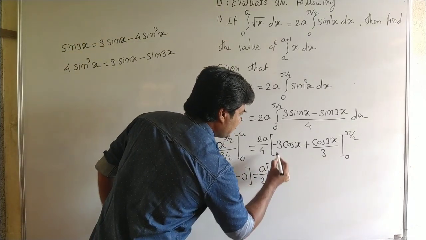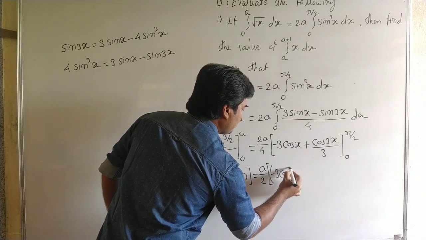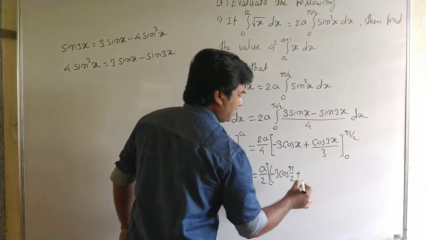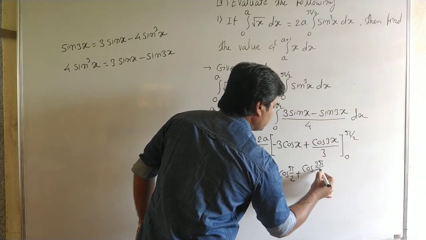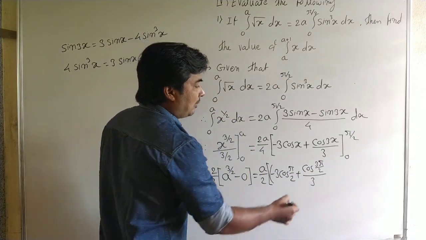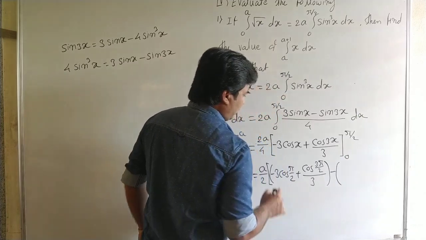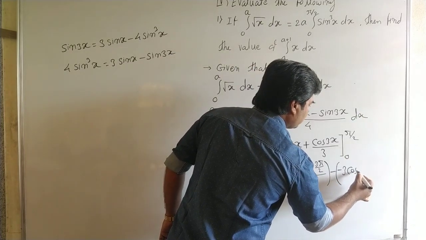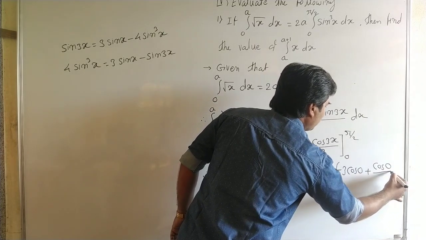See carefully: for the upper limit pi by 2 it is minus 3 cos pi by 2 plus cos 3 pi by 2 upon 3. Here we put the upper limit, then minus the lower limit: minus 3 cos 0 plus cos 0 upon 3.